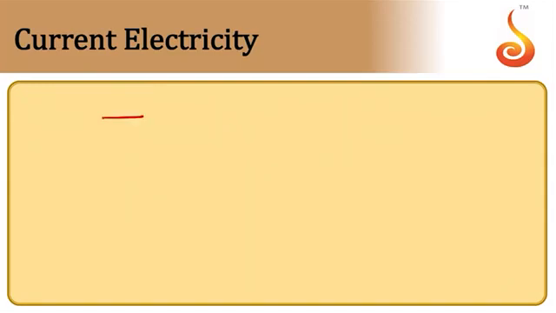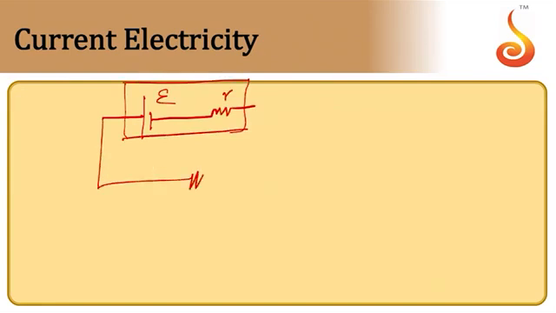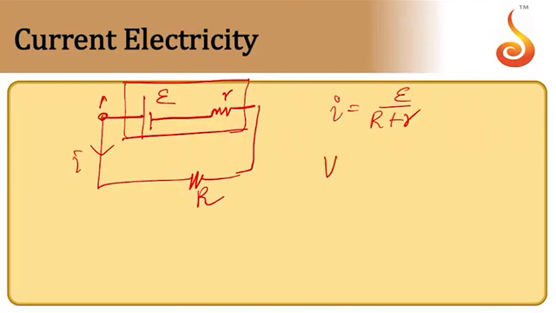If such a cell is taken into consideration, this is E, this is R. Remember, this is the cell. What I am talking of is a cell now. And assume that this is connected to an external resistor R. Then the current in the circuit is given by E divided by R plus R. And the potential difference between the two terminals, for example A and B, can be written in various forms.